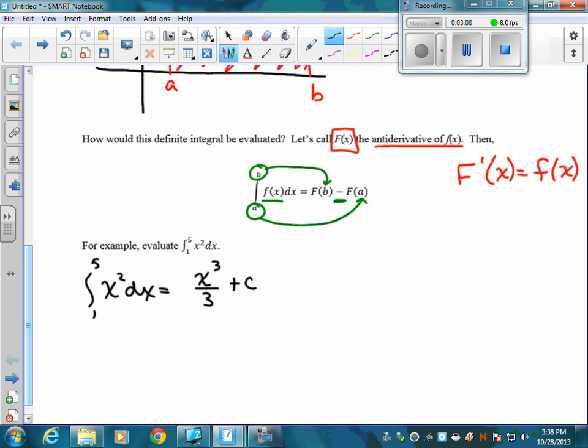The notation to say I've taken my antiderivative already, because we know that the integral symbol means take the antiderivative, is we put this solid straight line at the end, and we put our bounds here. That means I've taken my antiderivative, I still need to plug in my bounds, and I need to subtract. So I plug in my upper bound, which is 5, and then I subtract when I plug in my lower bound, which is 1.